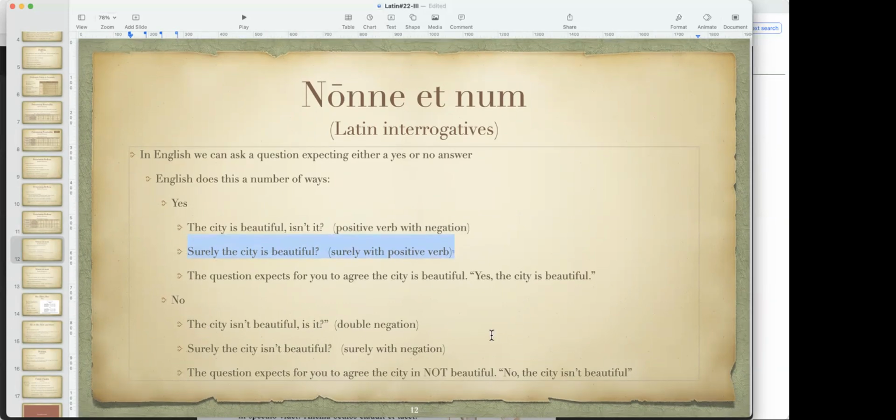Now, let's say it's an ugly thing. Then you say, the city isn't beautiful, is it? Or surely the city isn't beautiful. Again, you expect the answer to be no, meaning the city is not beautiful. So in both cases, the answer is expected to be in agreement.